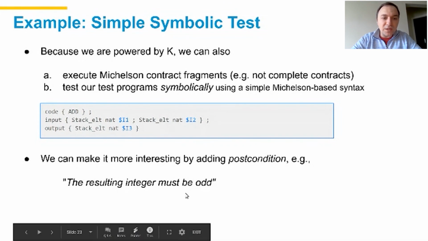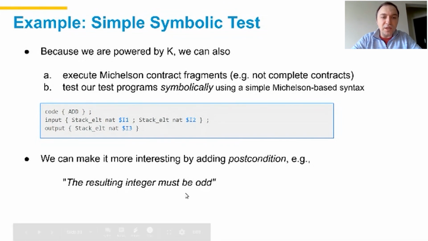In the input stack, the interpretation of a variable says for all values of this variable, execute the contract and see what it does. And the meaning of a variable in the output stack says, basically, does there exist a value of this variable that matches what the actual output stack is?